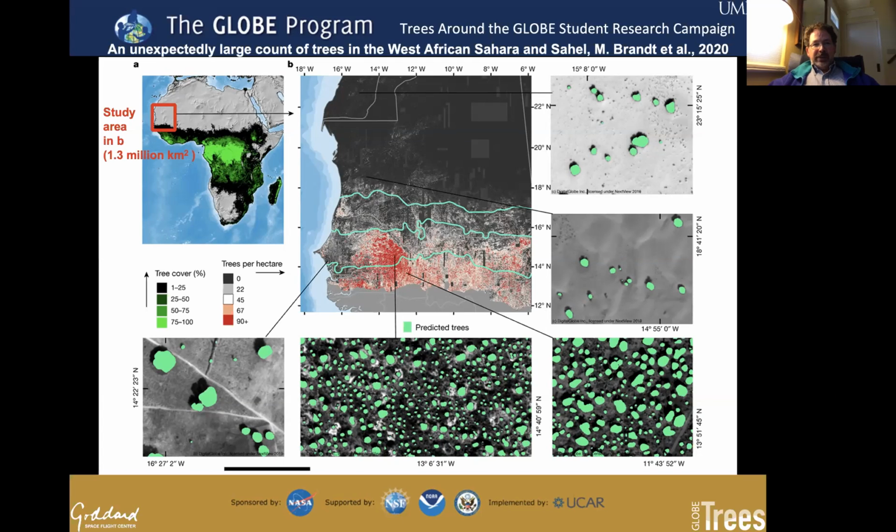So you can get an illustration from the captured areas shown in the green subpanels, how the density varies as you go across this region.